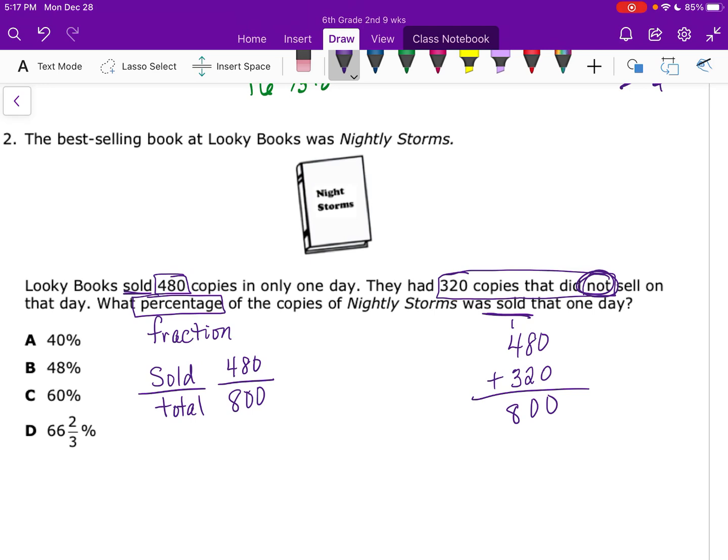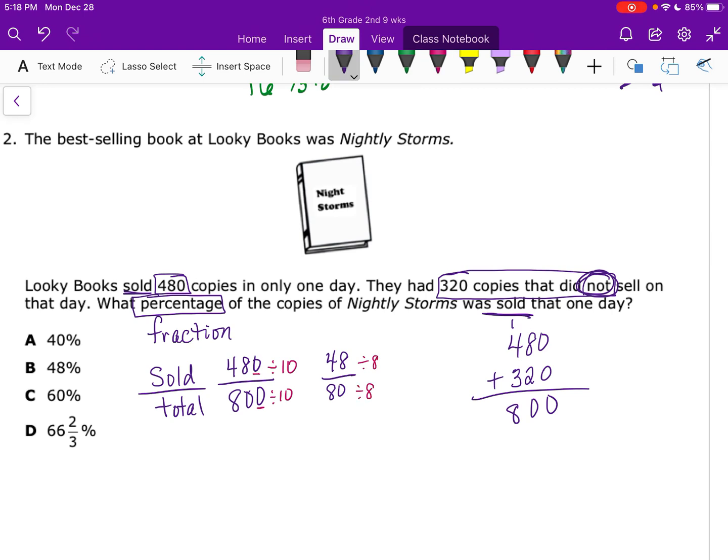All right. Okay, so we should always simplify, and hopefully you see that we have zeros here at the end, right? So that means that we can divide both of those by 10, and 480 divided by 10 is 48, and 800 divided by 10 is 80. I look at 48 and 80, and I know I can simplify those by 8.